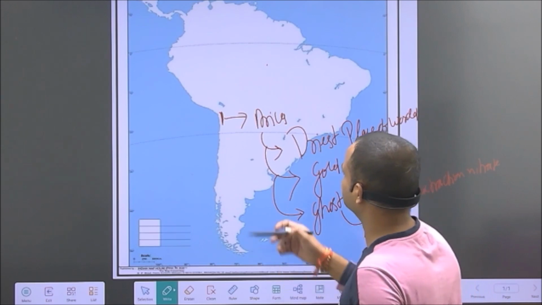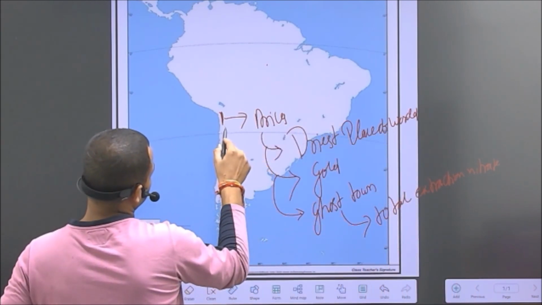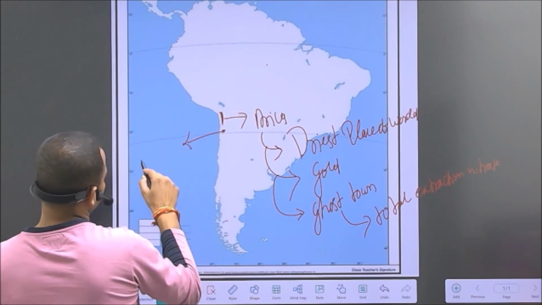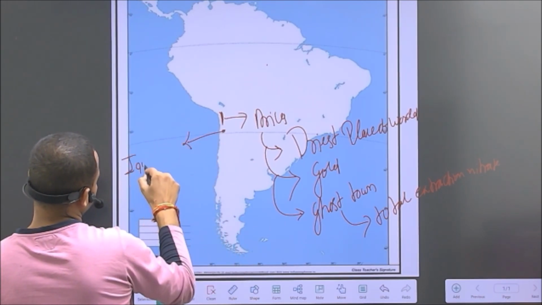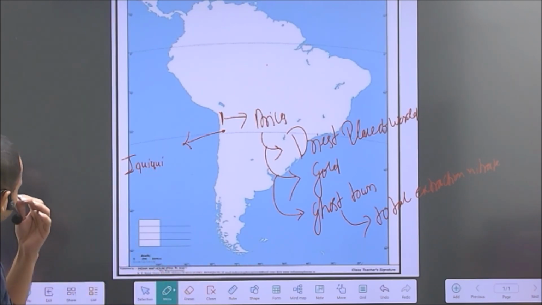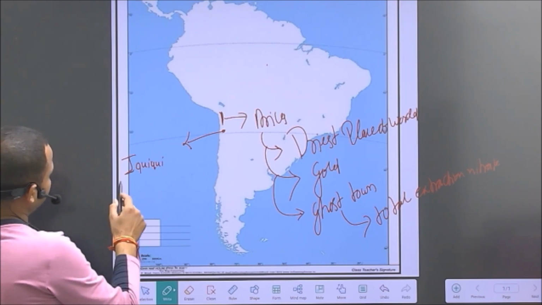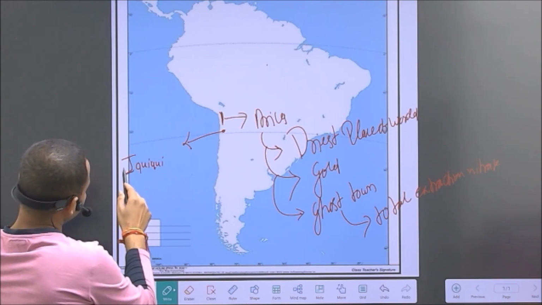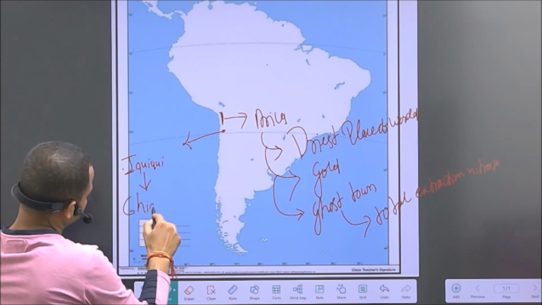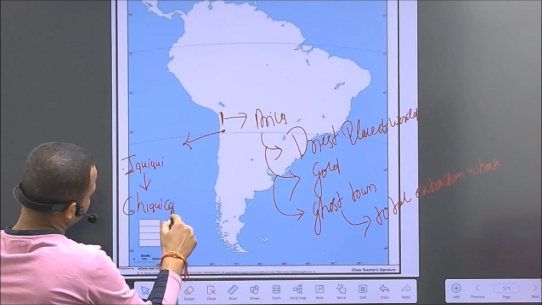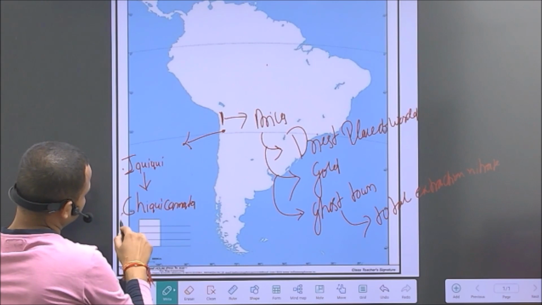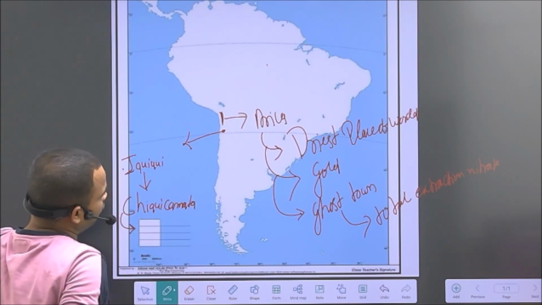In Arica you can see the Iquique place. And in the Iquique place, one city is situated, which is called Chuquicamata. Chuquicamata is very popular for copper.